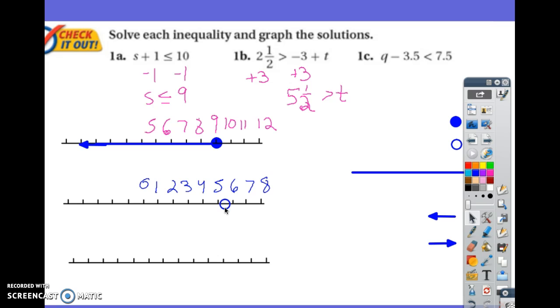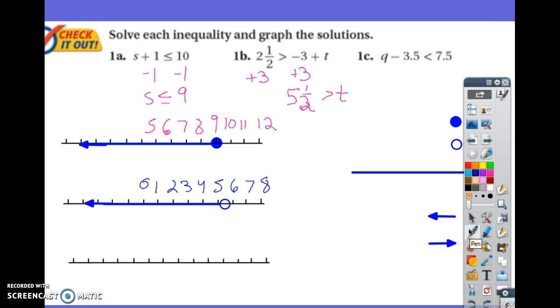So that means that t is less than 5.5, so we're going in this direction. And here's our arrow to say that it could be all real numbers after that. And now we're going to move on.